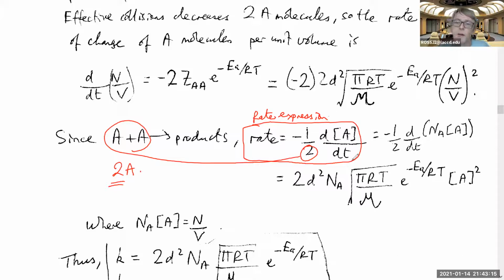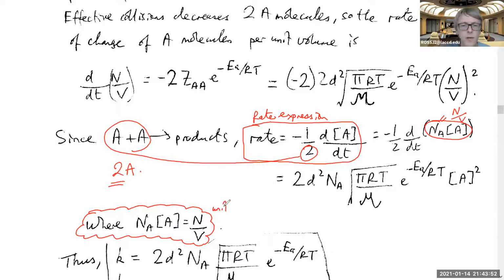And we're going to let N_A[A], Avogadro's number multiplied by concentration, equal N over V. If you look at the units, you can satisfy your need to know why that's the case.